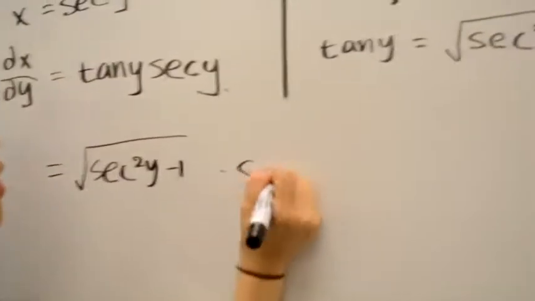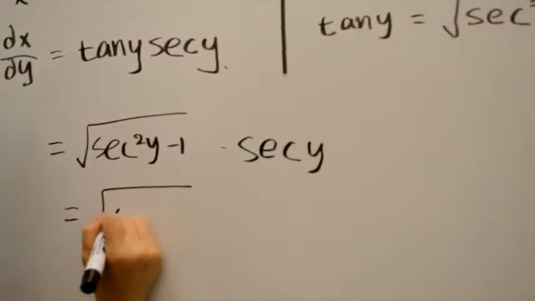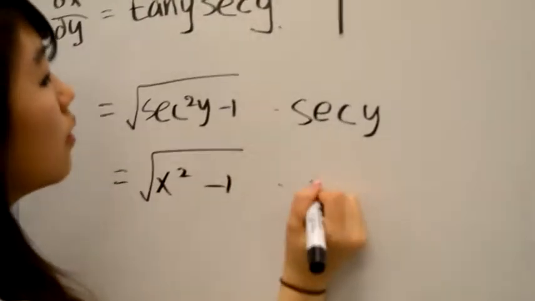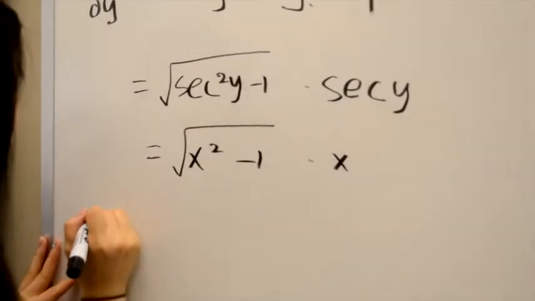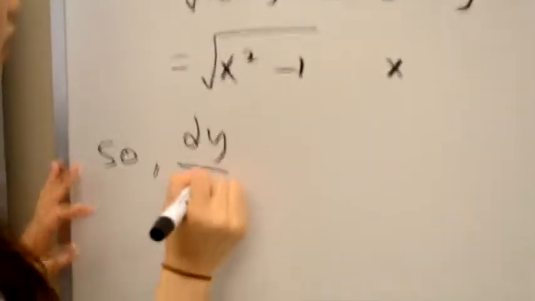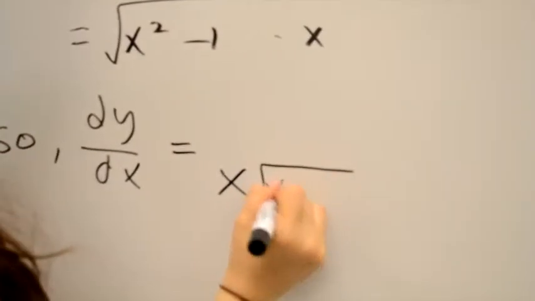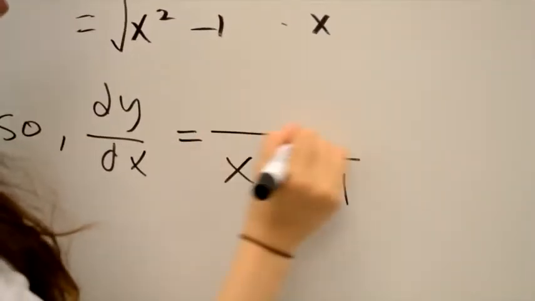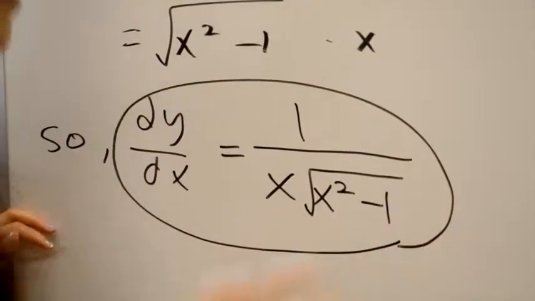And since secant y equals x here, it's x squared minus 1 inside the root, and we're gonna multiply x to it. So if we flip over that, it's gonna give us 1 over x times root x squared minus 1.